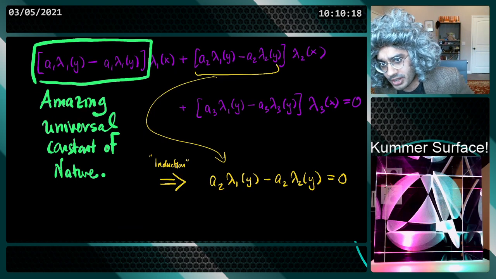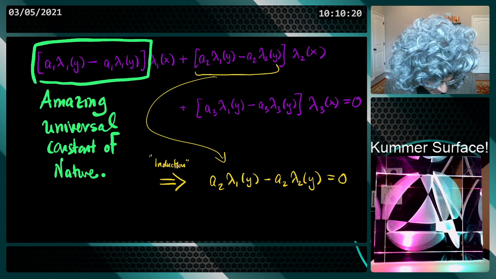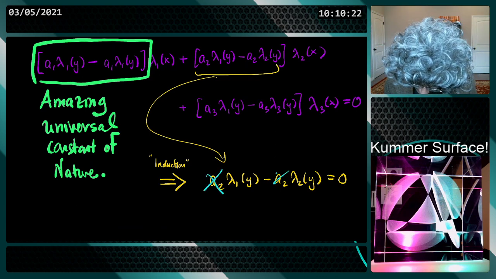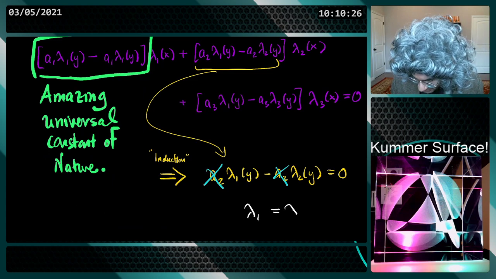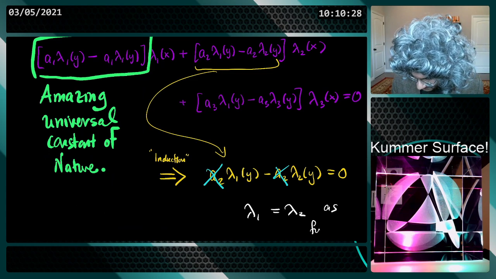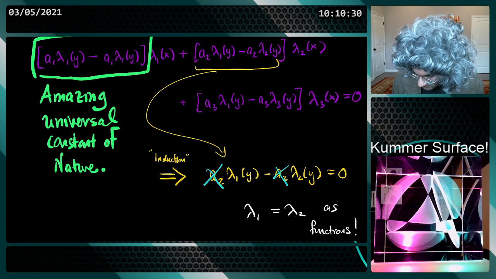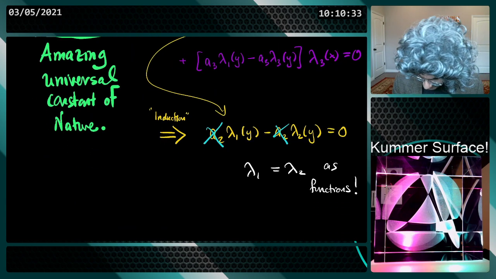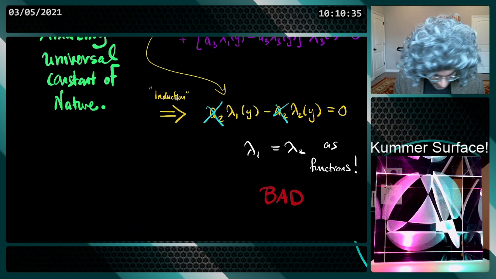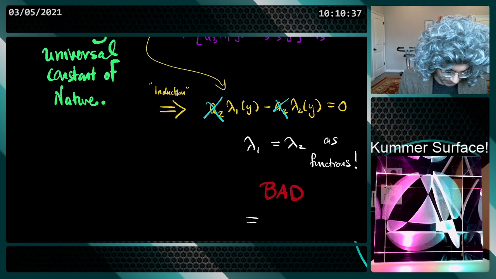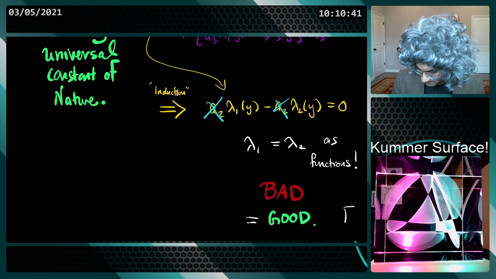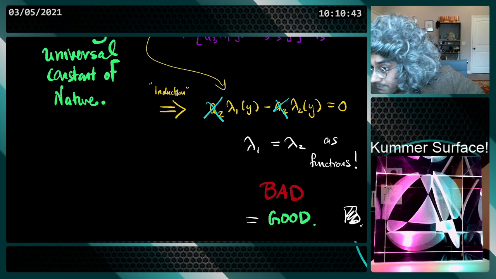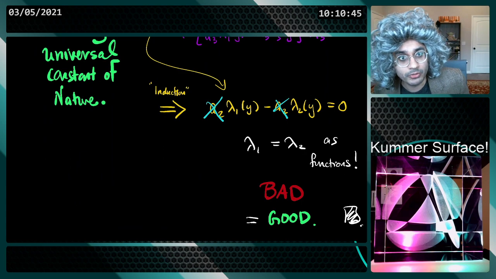And A2 was a non-zero number, so you can cancel it out. And you get that lambda 1 equals lambda 2 as functions. And that's a contradiction, which is good. Okay, this is the proof.